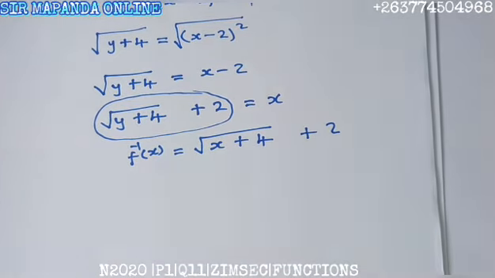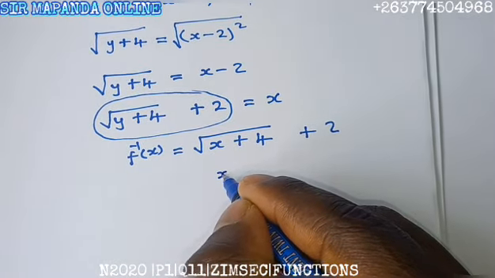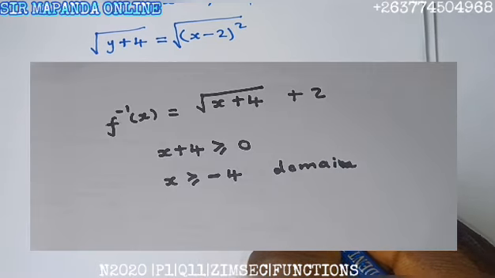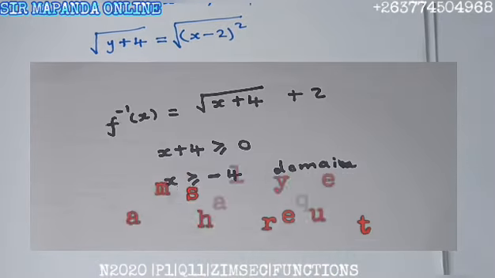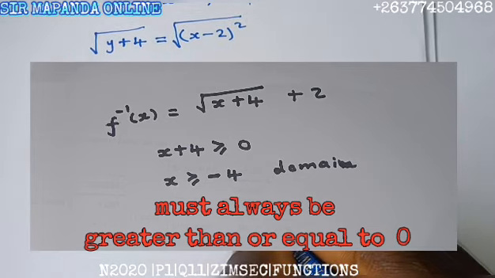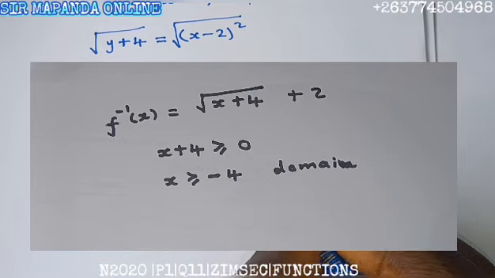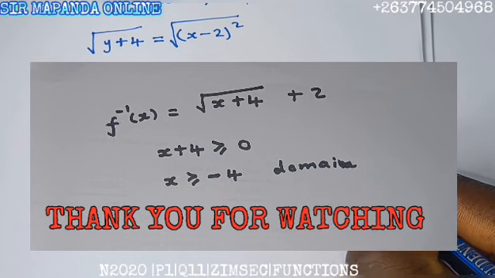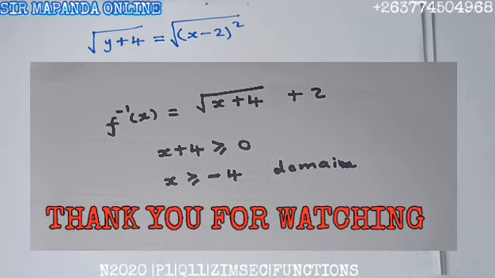So for this to be valid, it means the component inside the square root, which is x plus 4, must always be greater than or equal to 0. We do not accept x plus 4 to be negative for the function to be valid. So moving 4 to the right, you get x is greater than or equal to minus 4. And x greater than or equal to minus 4 is your domain. I hope you are following, class.